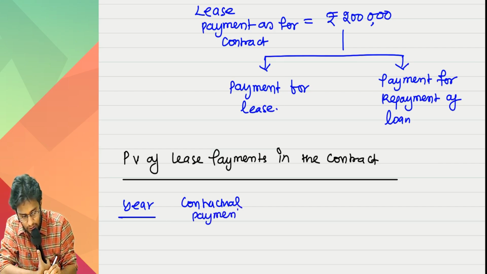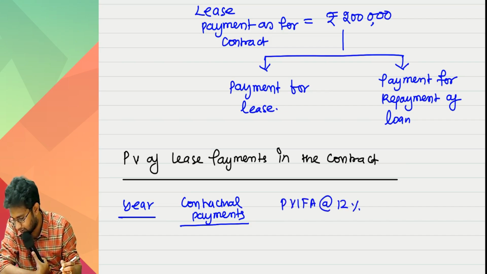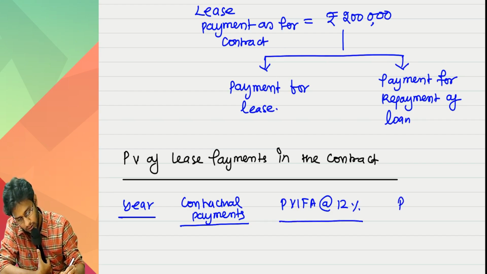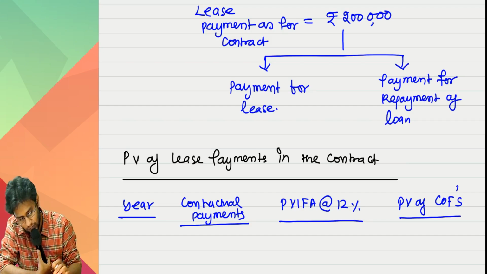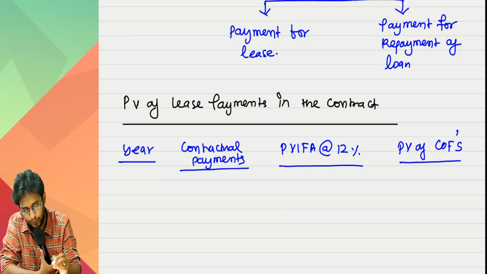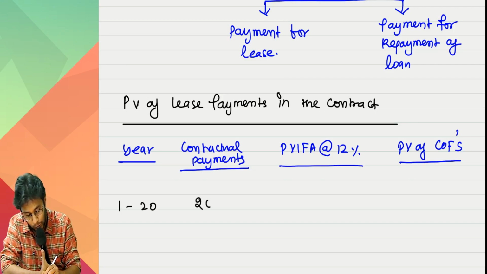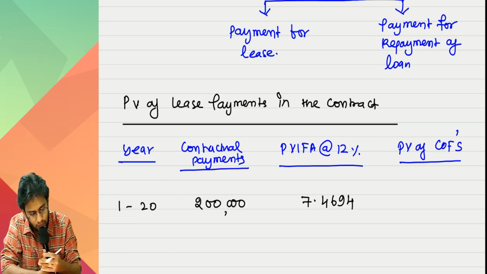Contractual payments means how much did you promise to pay? Since every year same amount, I can use PVIF. 12% is the discounting rate. And PV of cash outflows, years 1 to 20. Contractual payment, how much am I making, sir? 2 lakhs. Work out the annuity factor, which is 7.4694. Multiply it.